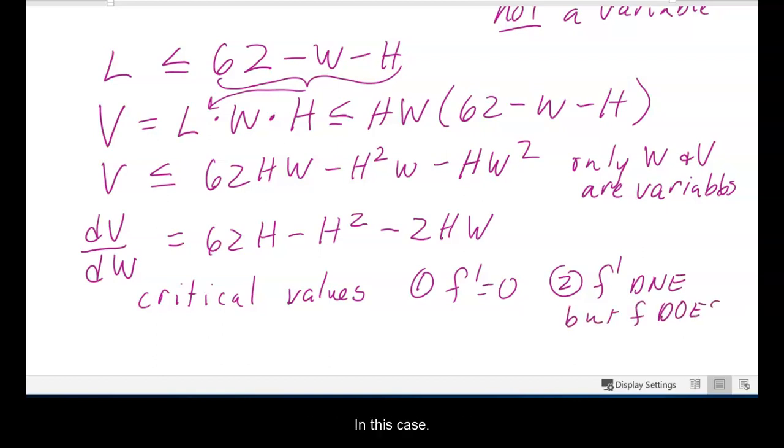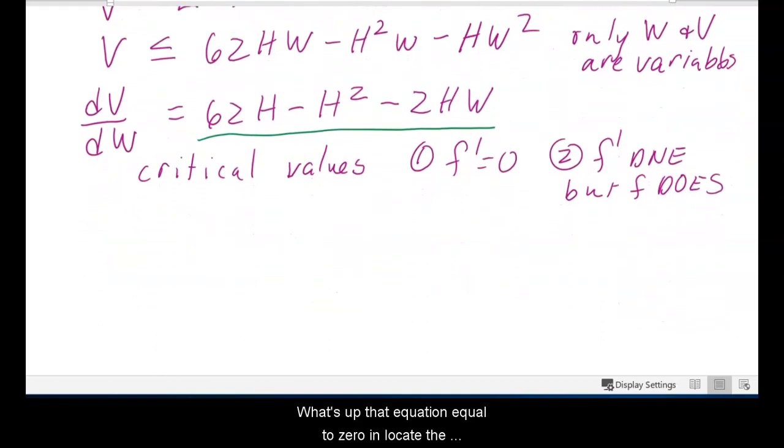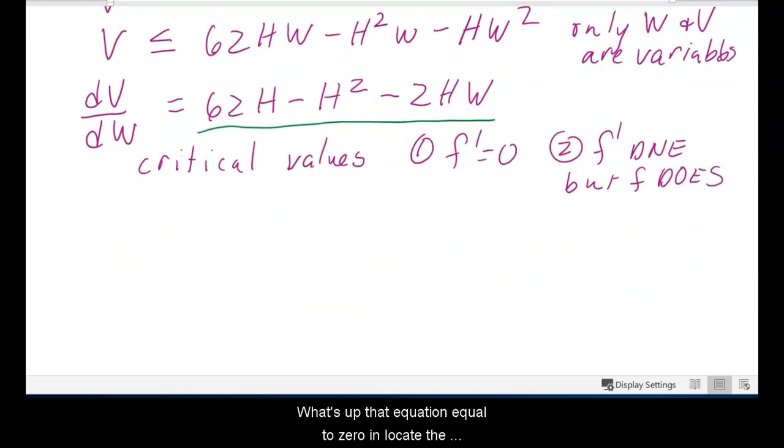In this case, this particular derivative given up above, which I've now underlined in green, is defined for all values of h and w in the domain, basically that h and w are strictly positive. So we won't get any from this second possibility. They all have to come from the first derivative equal to 0. Let's set that equation equal to 0 and locate those critical values.